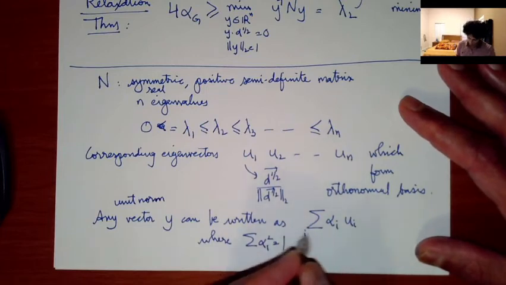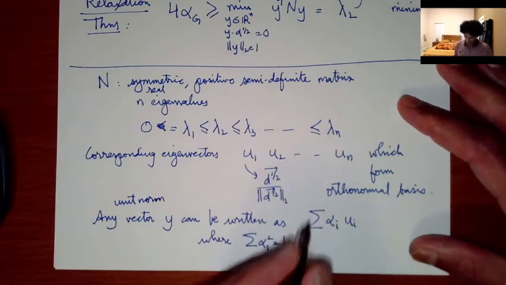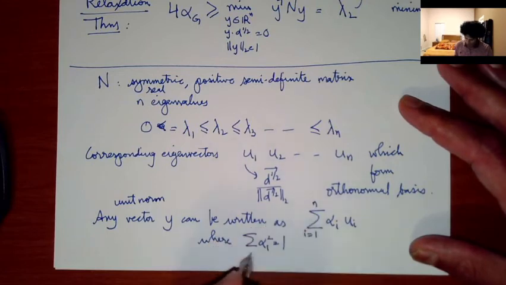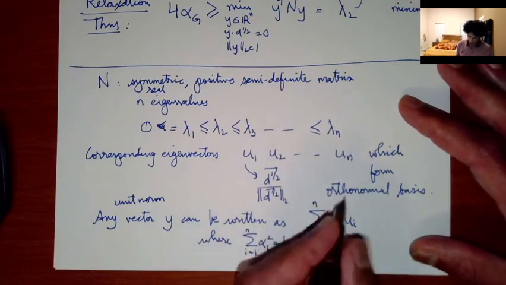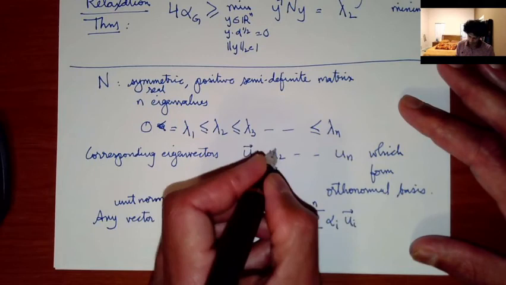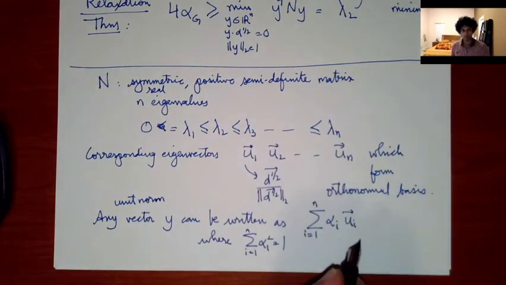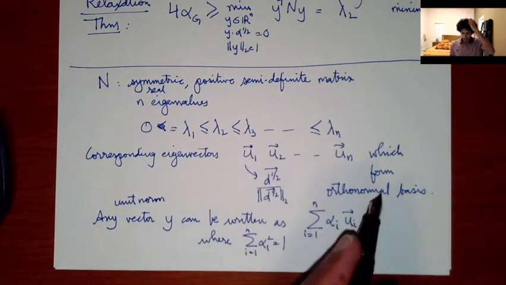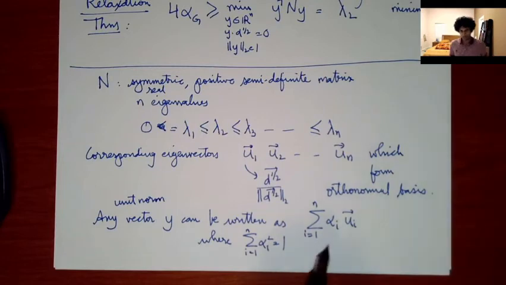I'll use i here, going from 1 to n, so that we distinguish vectors and scalars. So any vector can be written in this orthonormal basis like so.